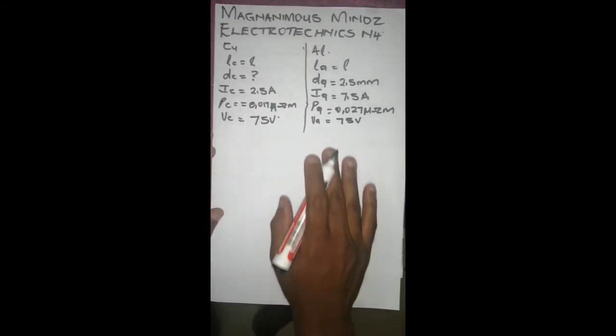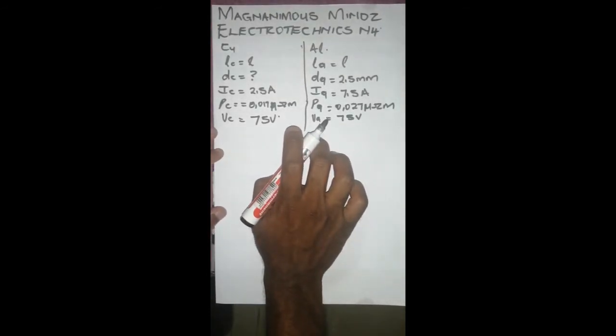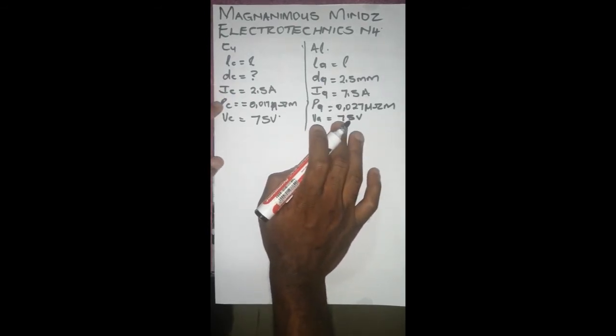And then the first question said we should determine the length of copper. The length of copper is equal to the length of aluminum.